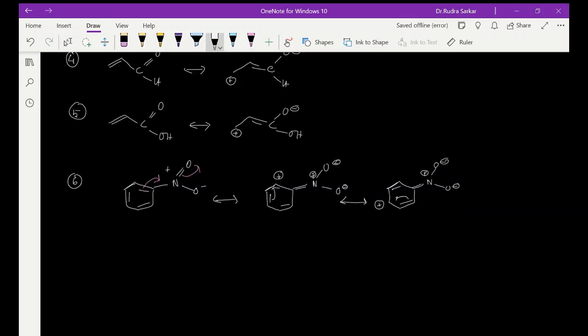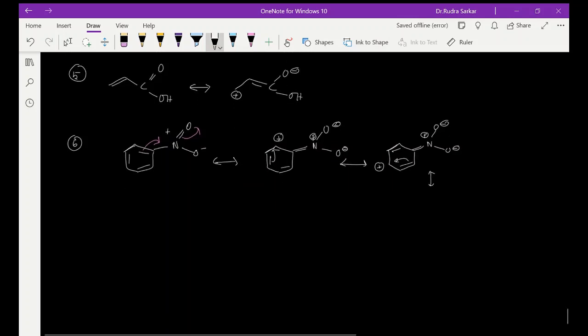And if you were to do one more structure, so eventually what you can conclude is that because of the nitro group being present on the benzene ring, some amount of residual positive charge is being created on the ortho and para positions, that is the 2, 4, 6 positions of the phenyl ring.